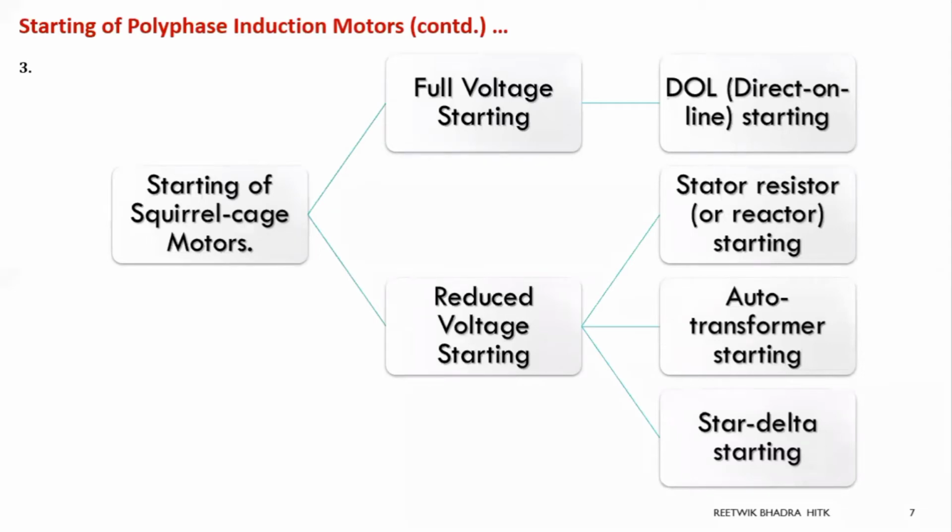If you give a high voltage and high current passes, there will be damage. But if you make a compromise and keep the voltage in a certain range, then the current and the starting torque can both be obtained in a particular range, and thereby starting is easily possible. So reduced voltage starting is more preferred than full voltage starting.